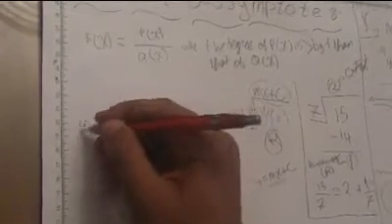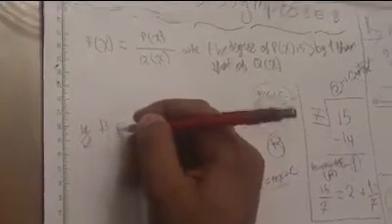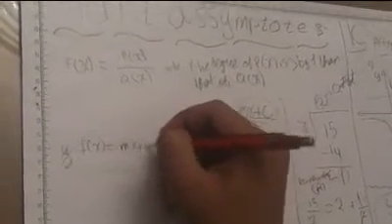So here, if we say y or f of x equals mx plus c, the quotient, plus the remainder over q of x.